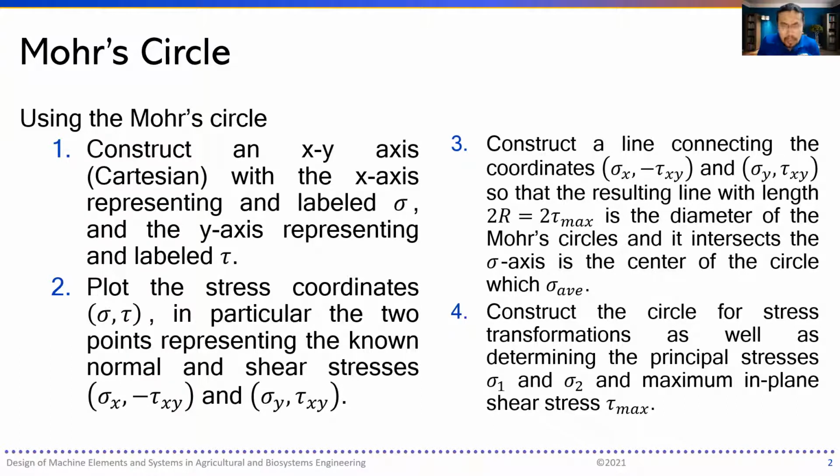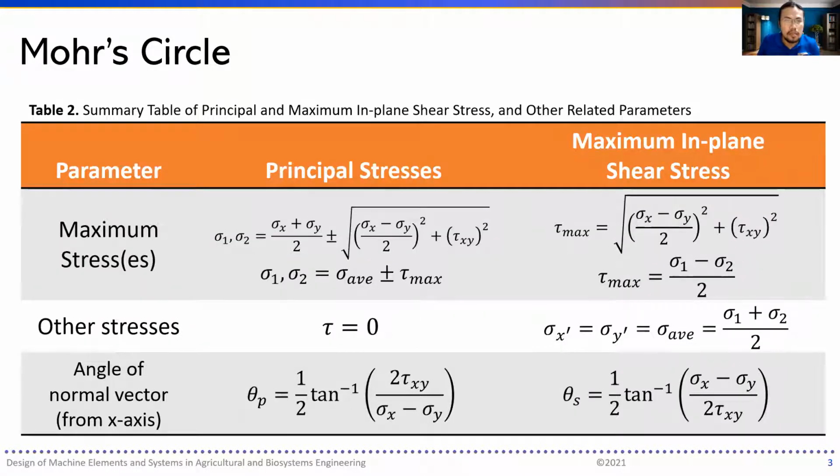And well, the importance of the Mohr circle is the determination of the critical stresses in a certain member or body of material, particularly the principal stresses and the maximum in plane shear stress.